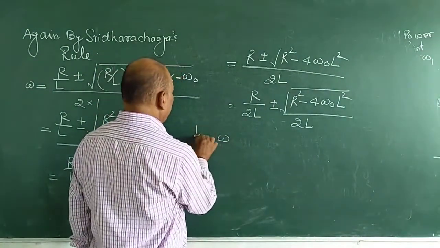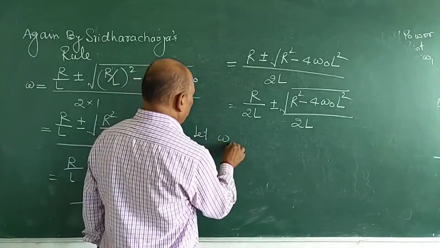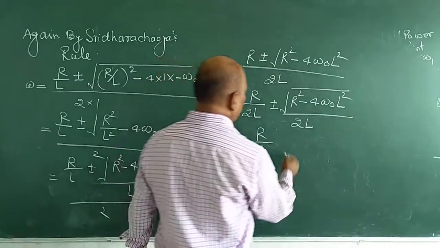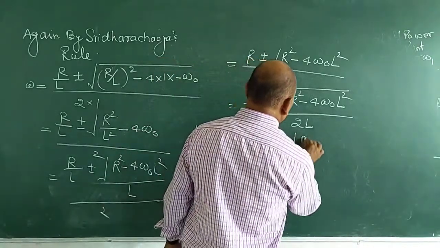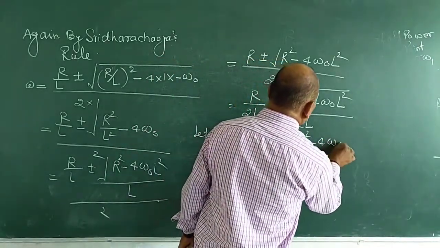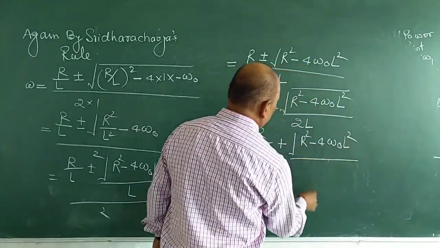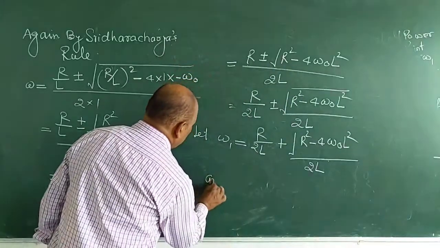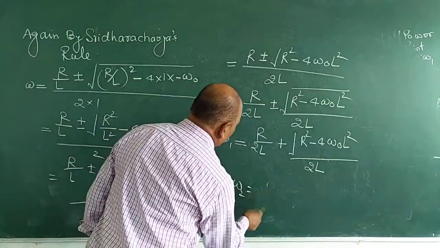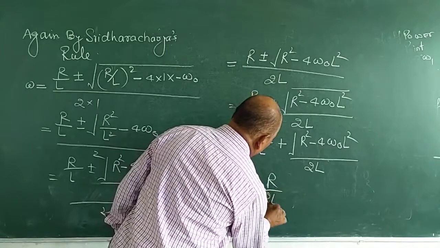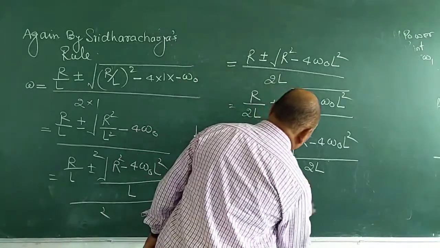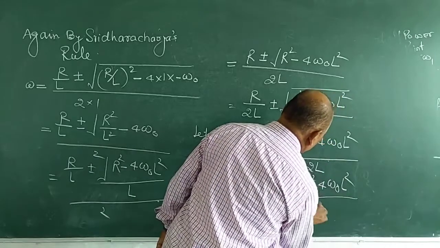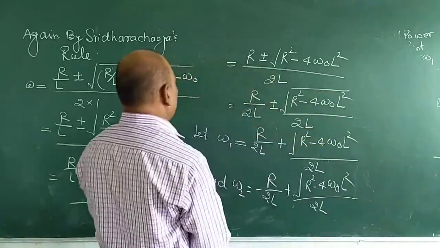So now let omega 1 be equal to R by 2L plus under root R square minus 4 omega 0 square L square divided by 2L, and omega 2 be equal to minus R by 2L plus under root R square minus 4 omega 0 square L square divided by 2L.